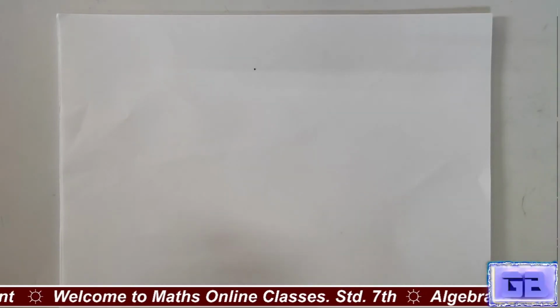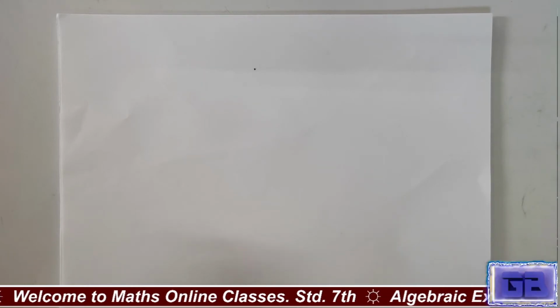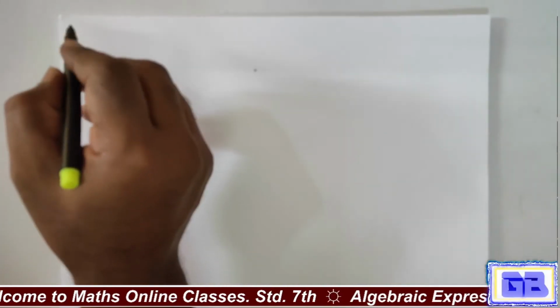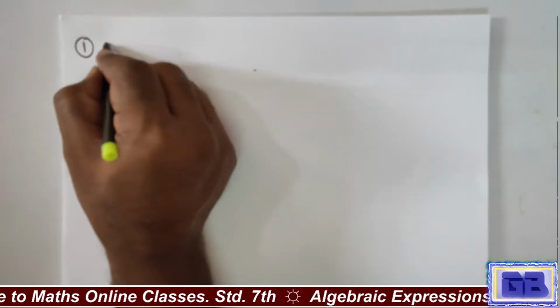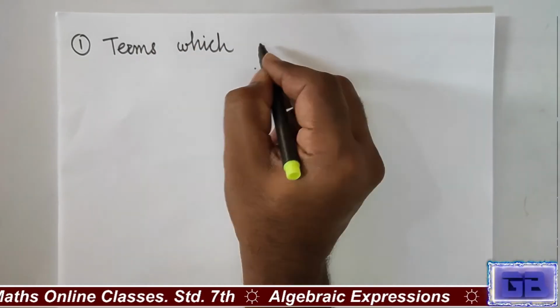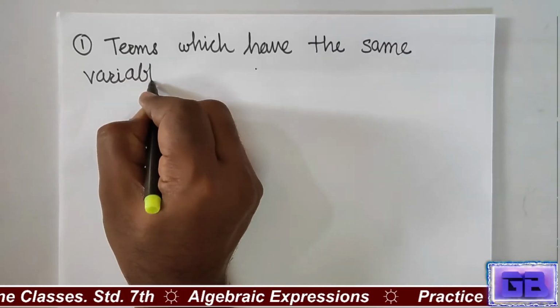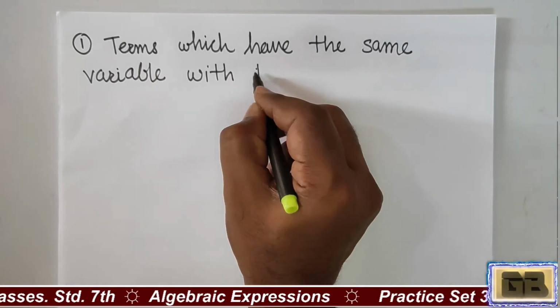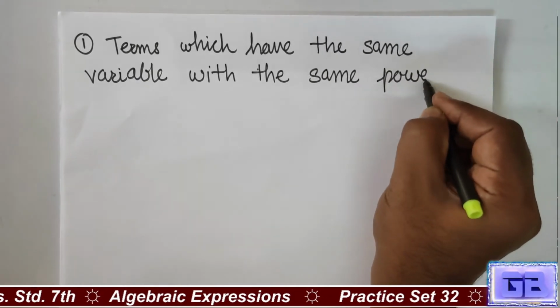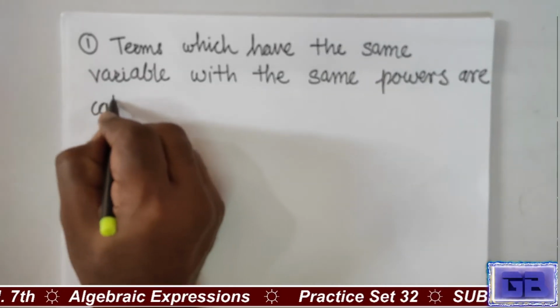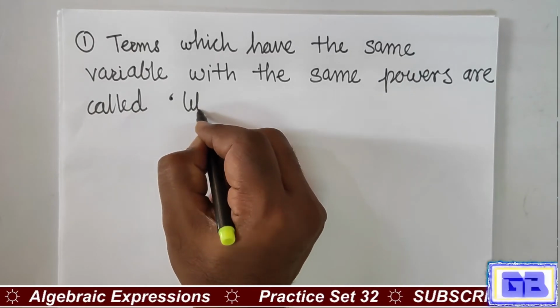Next point is like terms and unlike terms. Point number 1: terms which have the same variable with the same powers are called like terms.